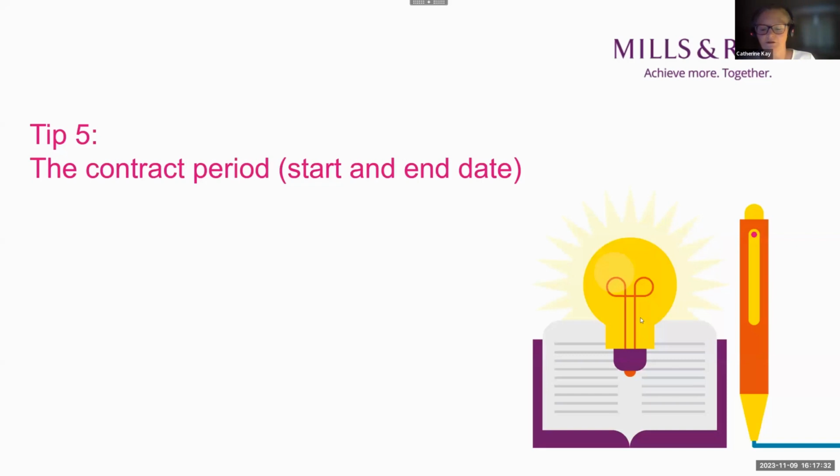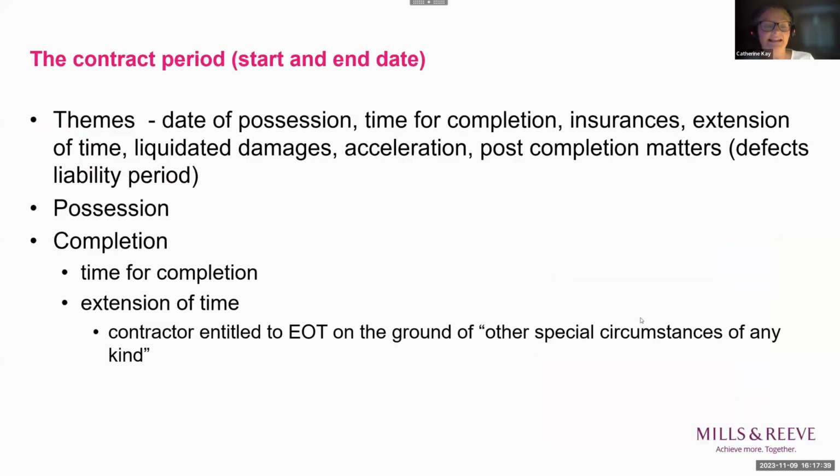I'm going to talk about the contract period, and in particular being the start and end dates. I'm going to touch on a number of themes, and some I'm just going to mention ever so briefly now. I've got a short list, which I put up there.